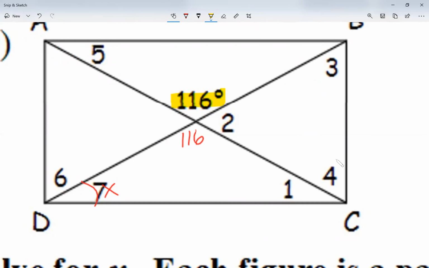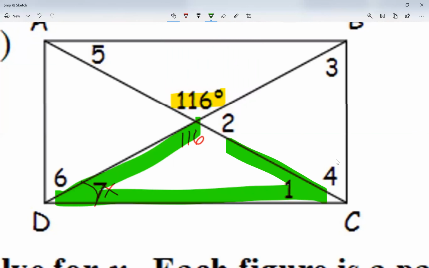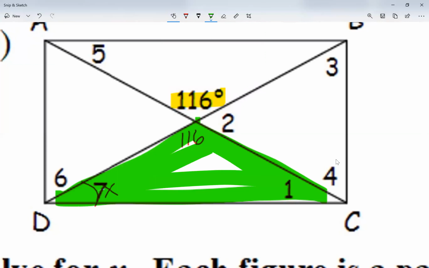Looking at a triangle, remember in a rectangle, my triangles are isosceles. So I'm going to say that angle 7 is X and angle 1 is also measuring X. So I should be able to solve for X here.